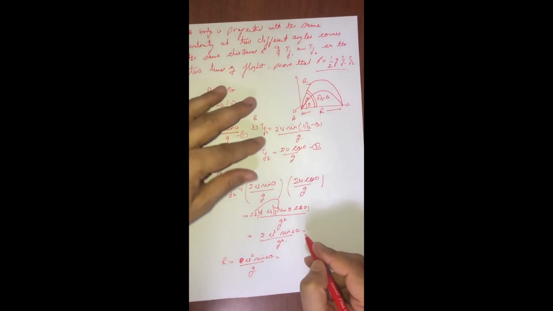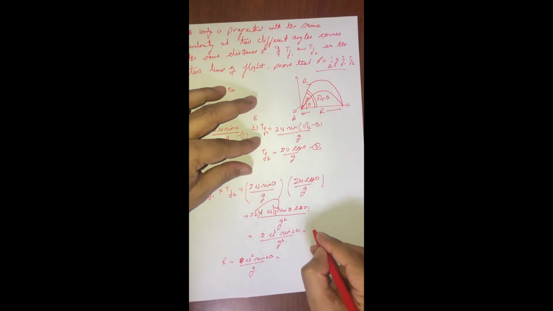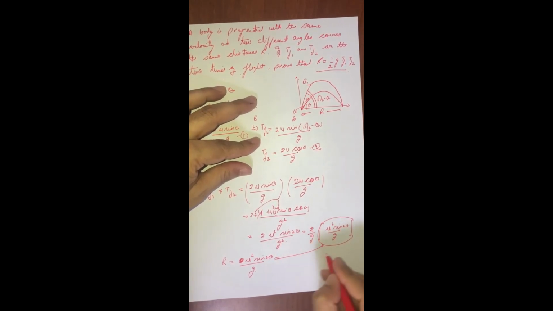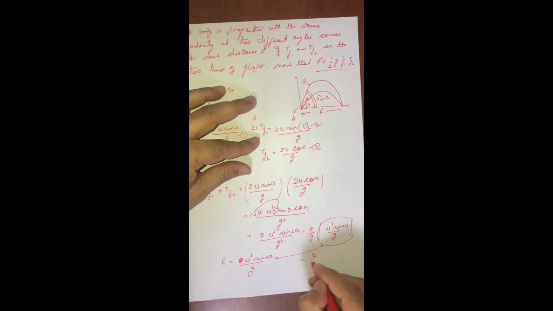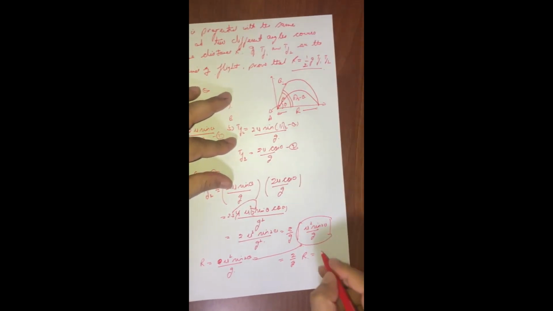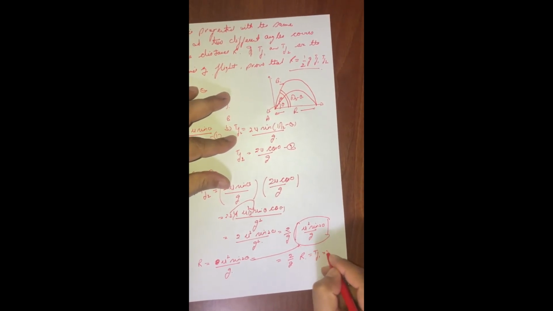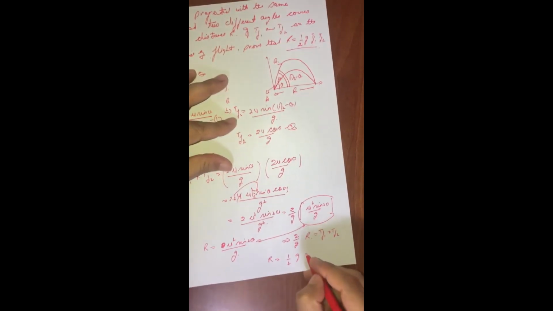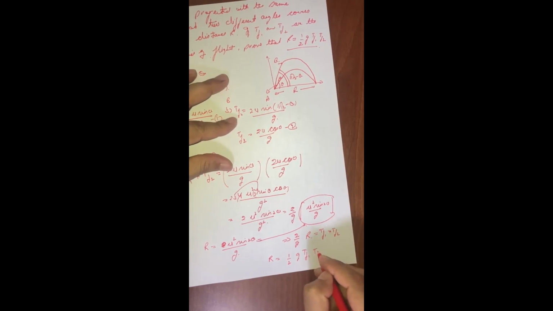So we can convert this formula as 2 divided by g times u square sine 2 theta divided by g. So in place of this function, we can directly replace it by r, so that we get 2 over g multiplied by r, which is equal to Tf1 times Tf2. So you can write that r is equal to 1/2 g Tf1 times Tf2.